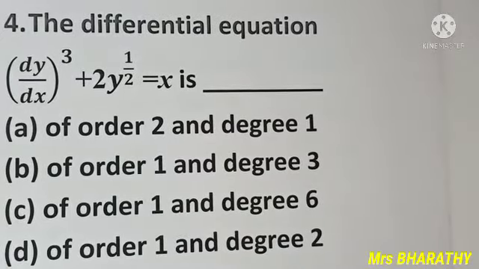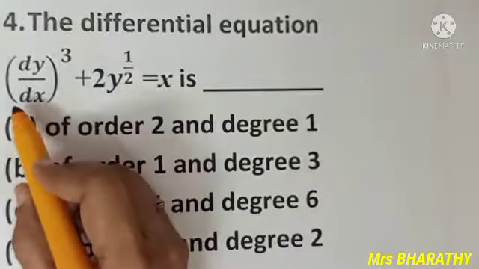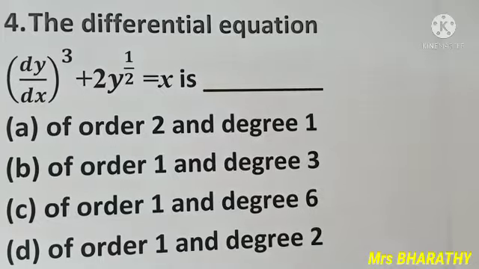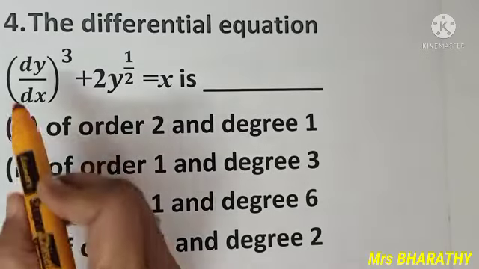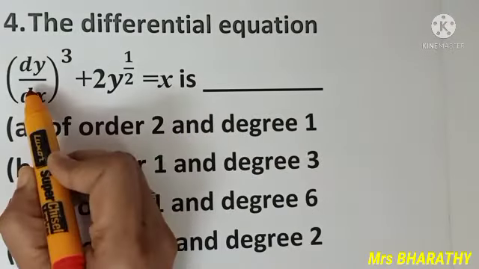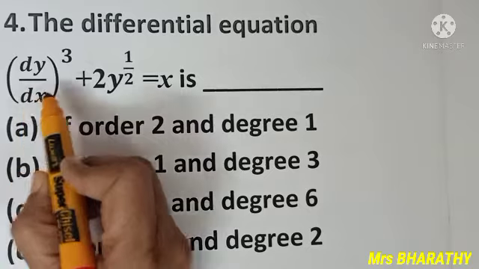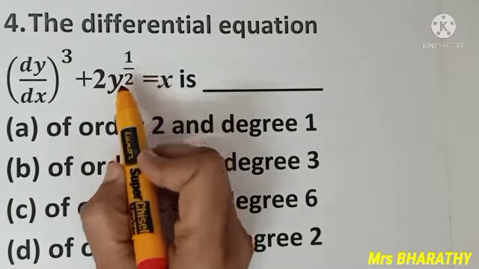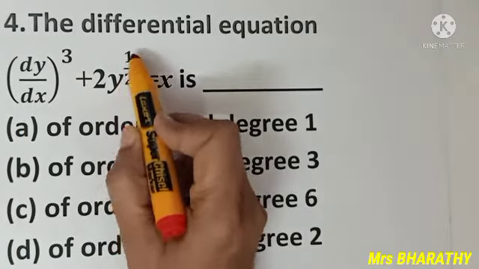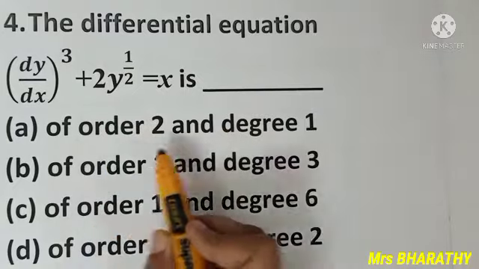Question number 4. The differential equation is given. We need to find the order and degree. First of all, let us check for radical symbols of derivatives. In this equation, this is the derivative. Y can have any power. Y's radical symbol will not affect order and degree.